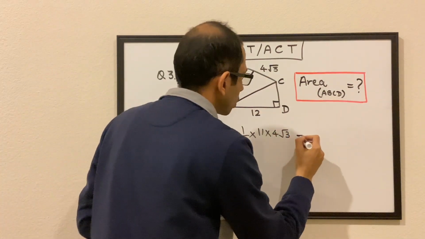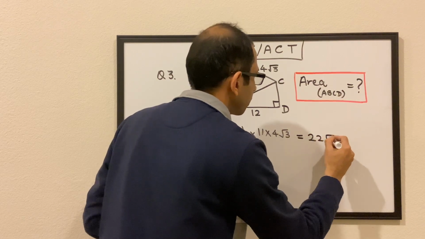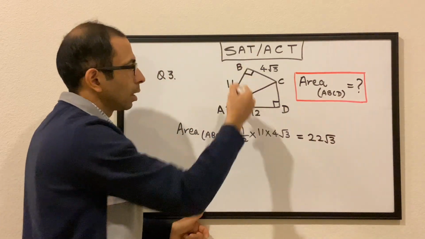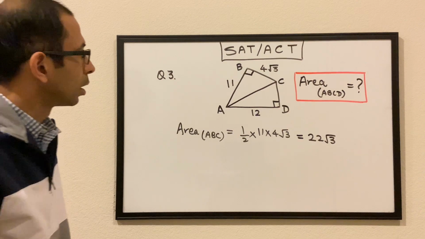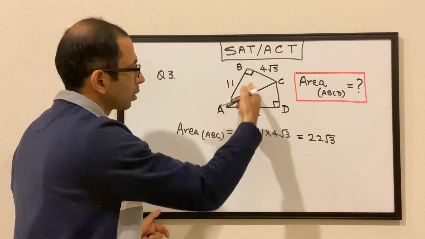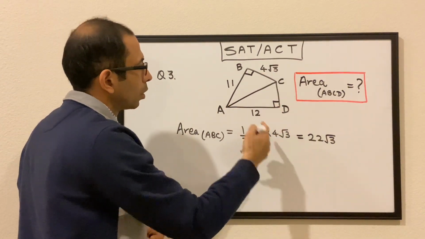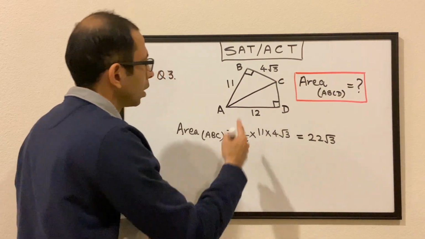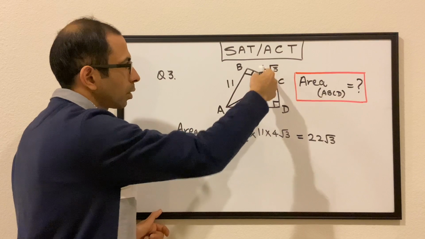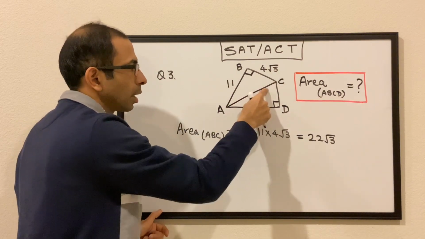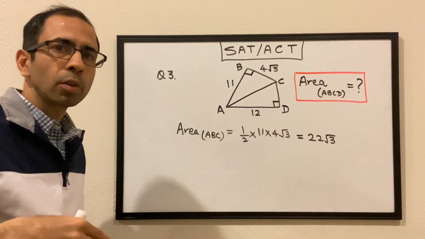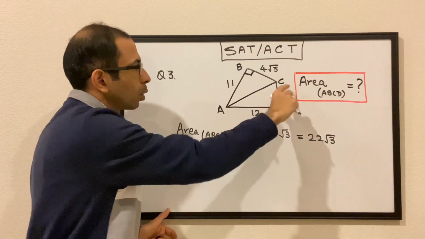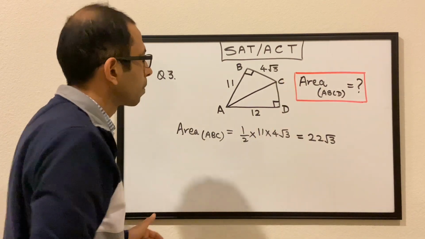So it is 22 root 3. Now for finding the area of triangle ACD, we have to find this height. We can use Pythagoras theorem on the first triangle to get this side, and then again use Pythagoras theorem on the lower triangle to get the CD.